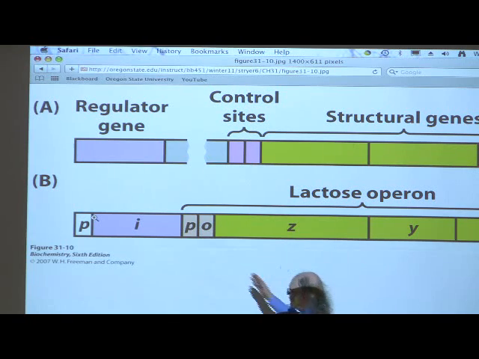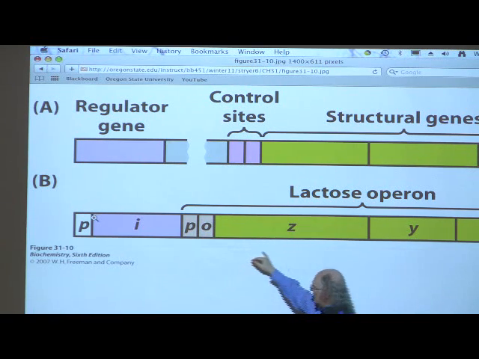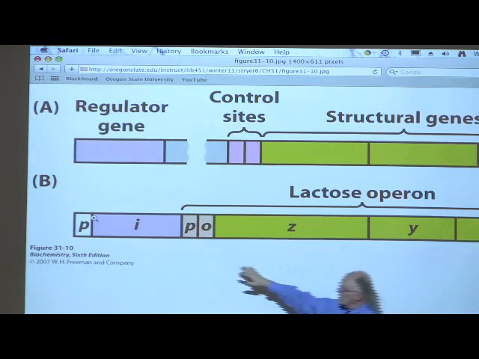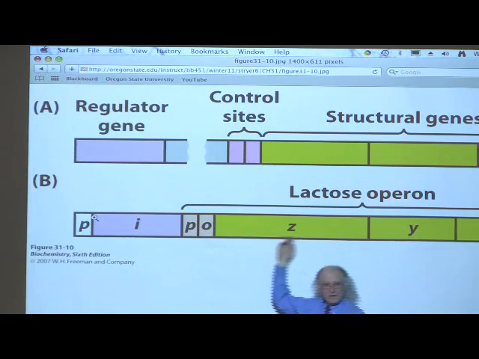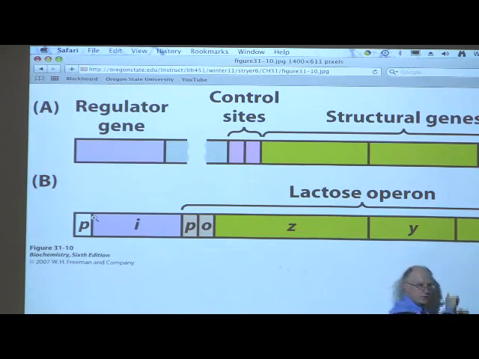Let's say that I took a bacterial cell and I said, I want to make some human growth hormone. I remove these three genes from this control region. I leave the control region intact, but I remove these three genes and I replace them with the gene that codes for human growth hormone.